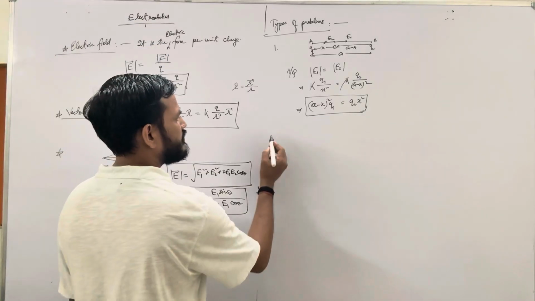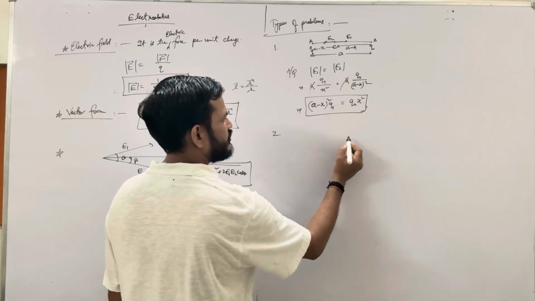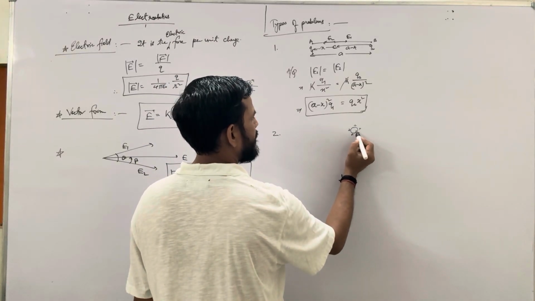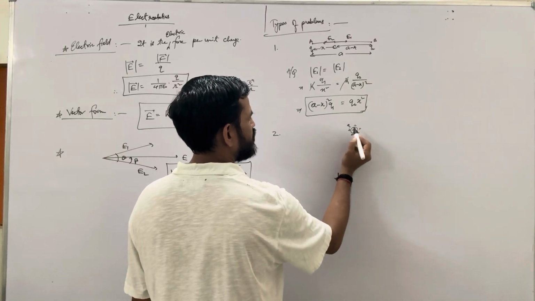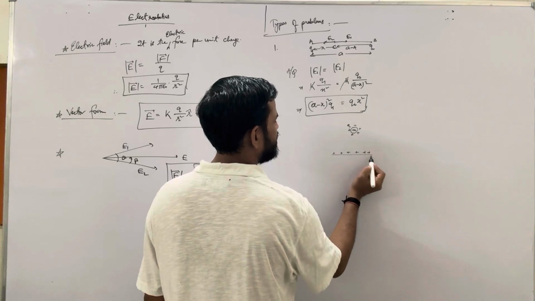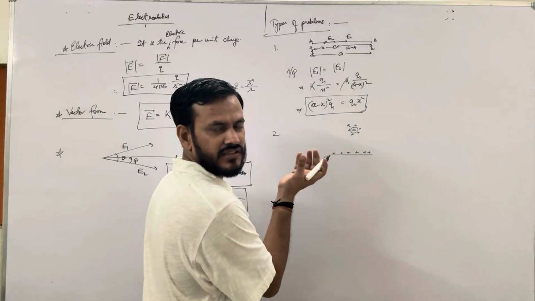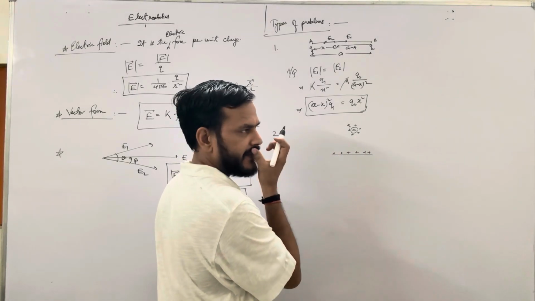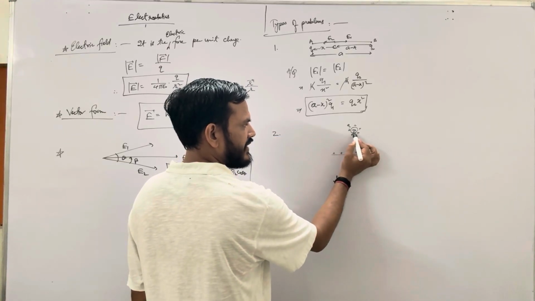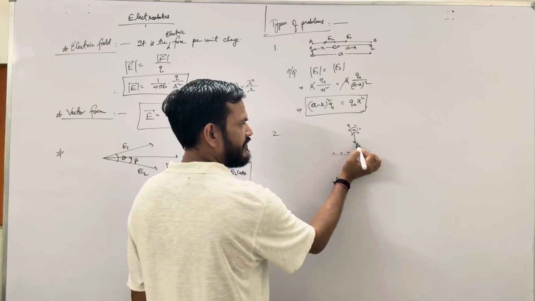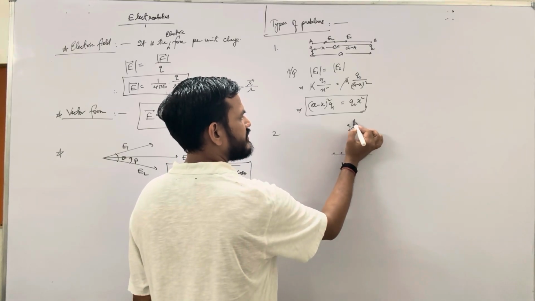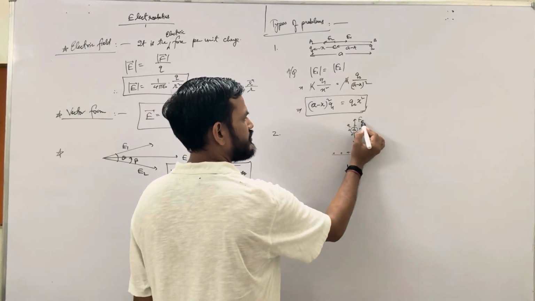The other type of problem, guys, that you generally get is, suppose there is an oil drop of mass m and charge q. What should be the value of electric field just so that this oil drop keeps hanging in air? For this oil drop to keep hanging in air, the gravitational force, which is mg, must be balanced by the electrostatic force.